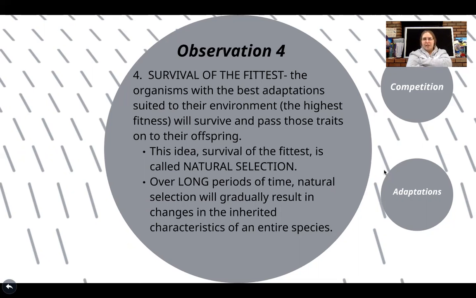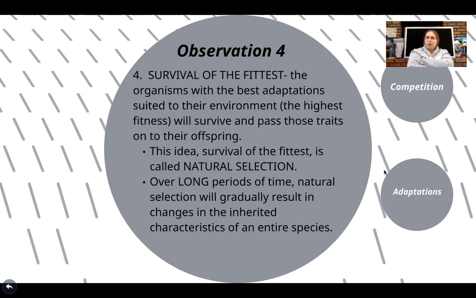As a result, over time and over many, many generations, you start seeing that maybe the entire population, the entire species, has this particular set of traits because it was so successful. It helped one organism survive longer, had multiple babies. Those babies all survived longer, had many babies, and so on, so on. So survival of the fittest looks at how the organism with the best adaptations survives.